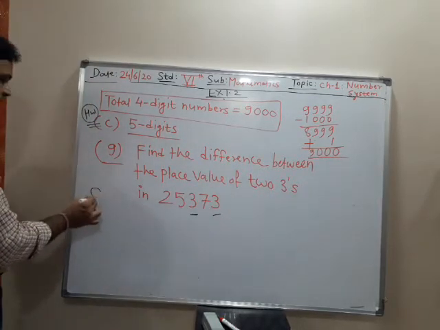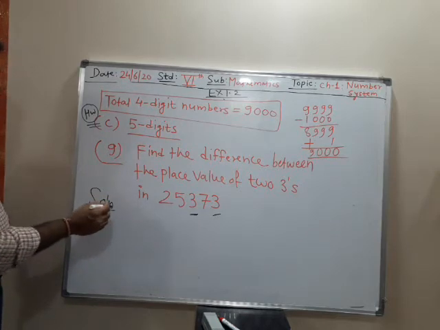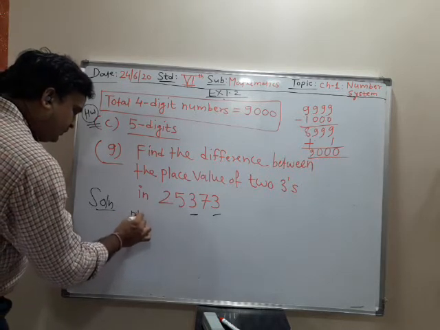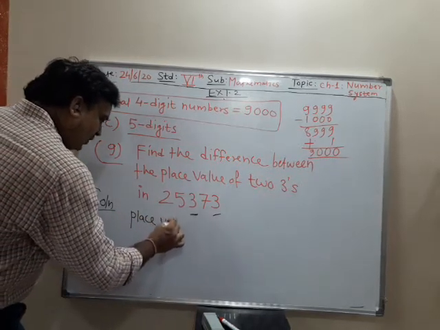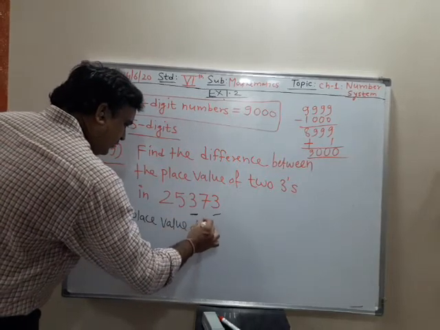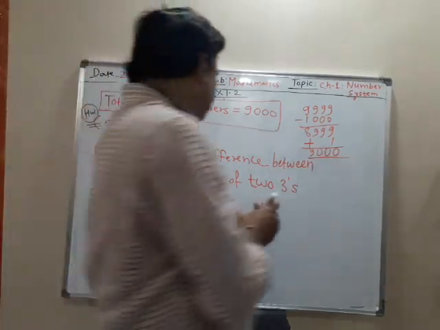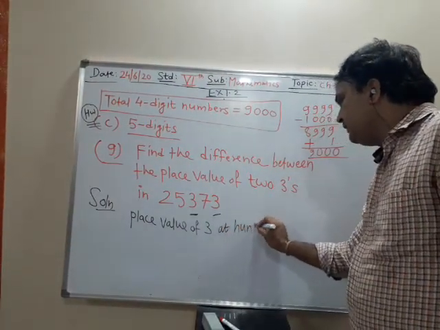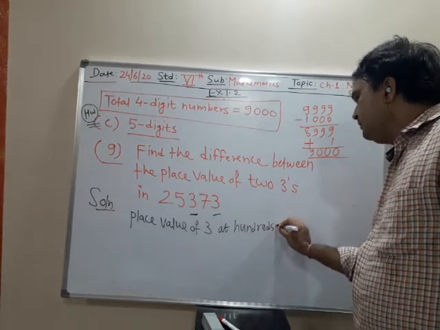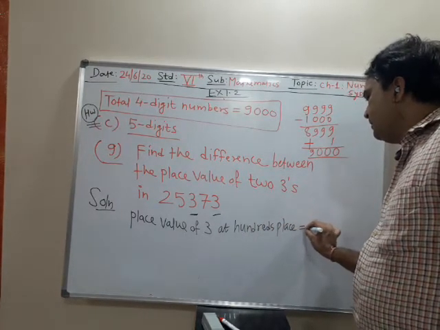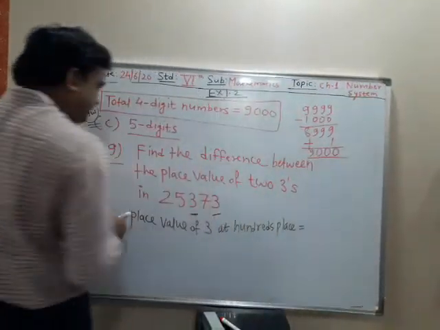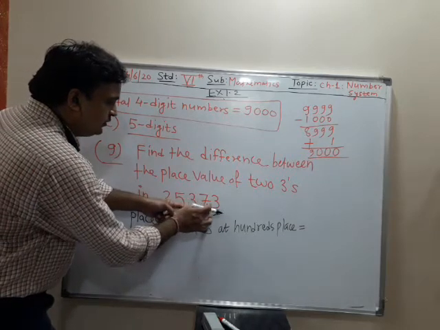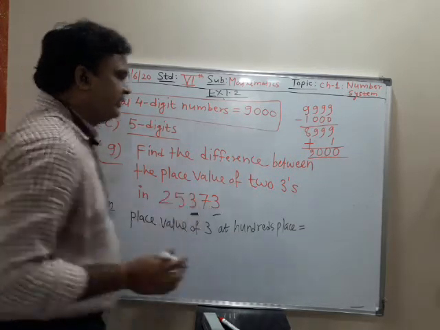So now we solve this. Place value of 3 at hundreds place. What is the place value of 3 at hundreds place? After 3 there are two digits, 0 0. So 3 0 0, that is 300.